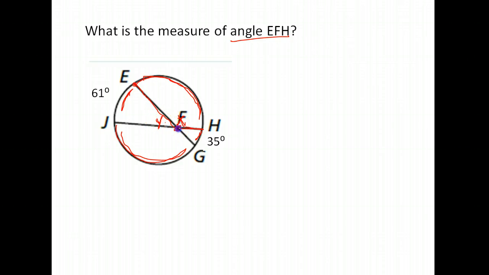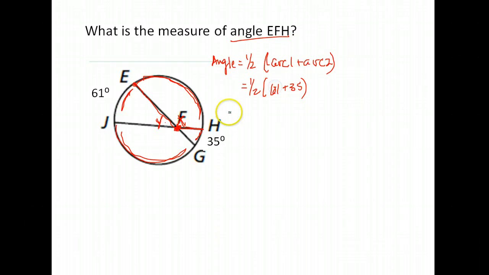Now, again, angle Y, its vertex is inside the circle, not on the circle. So my angle is equal to 1/2 of the two arcs added together. Plug in the information. The two arcs I have are 61 and 35 degrees.